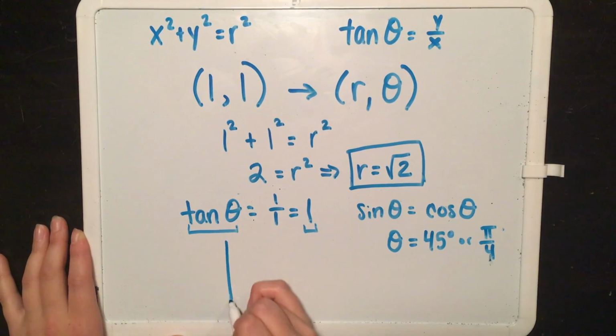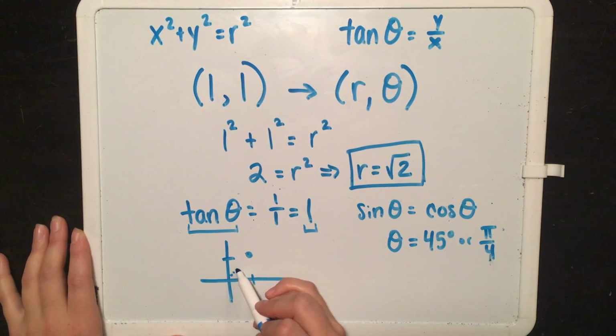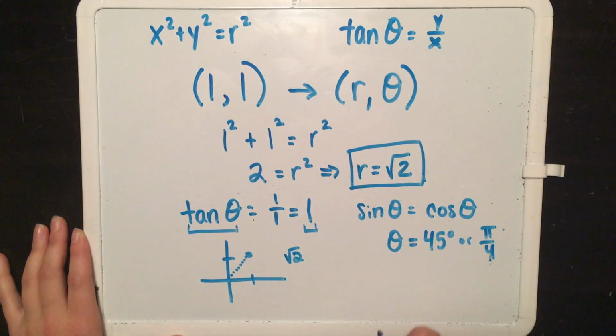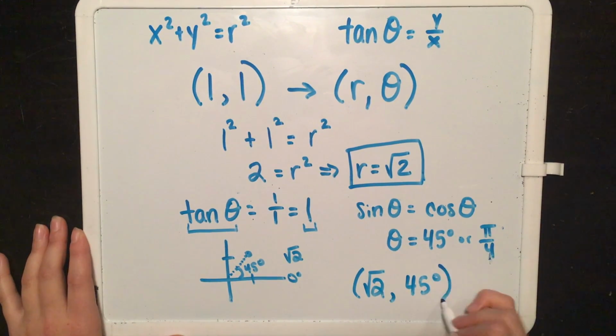And let's just verify our answer. (1, 1) is up here. The distance from the origin is the radius, square root of 2. And this will be a 45-degree angle from the 0 degree measurement point. So our polar coordinates are square root of 2, 45 degrees.